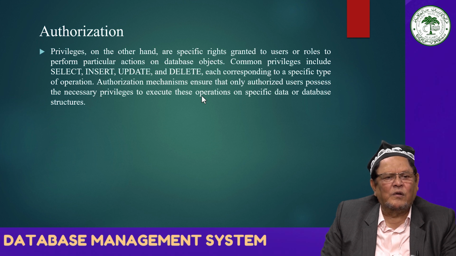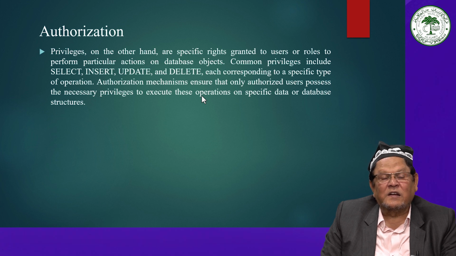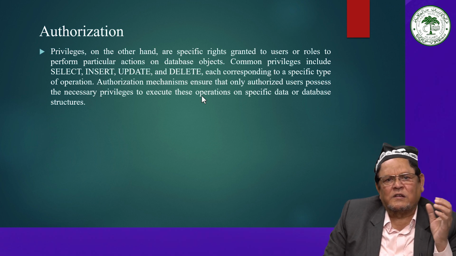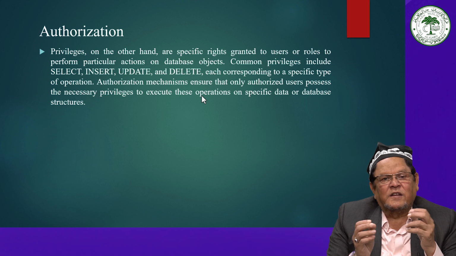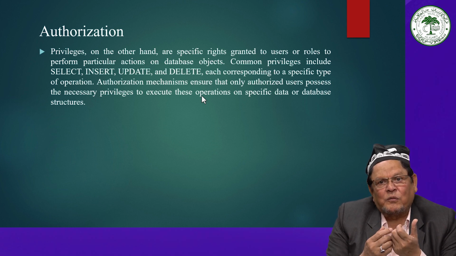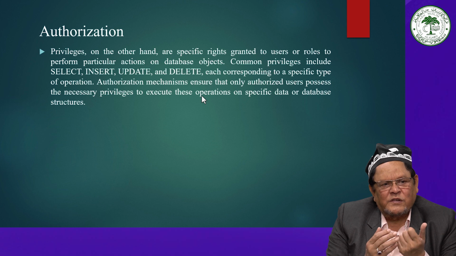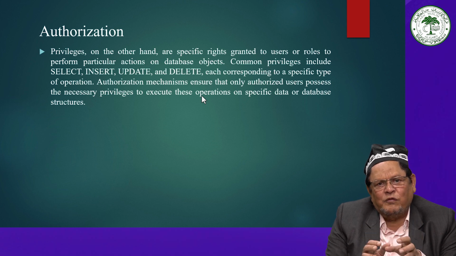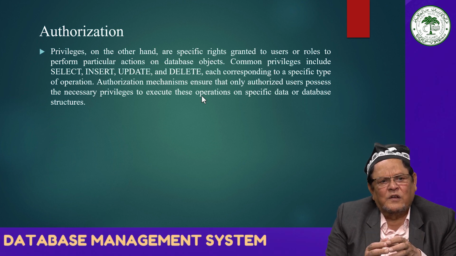One by one, we will discuss privileges. Privileges are specific rights granted to users or roles to perform particular actions on database objects. Common privileges are there. Select: if you want to retrieve information from your database, you have to select. If you want to add information to data, insert.